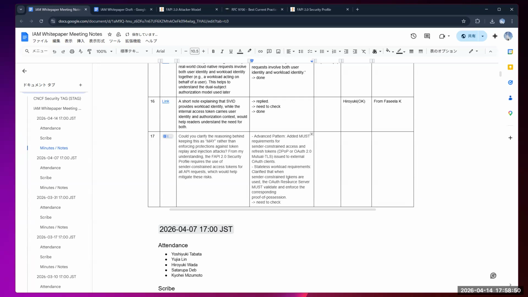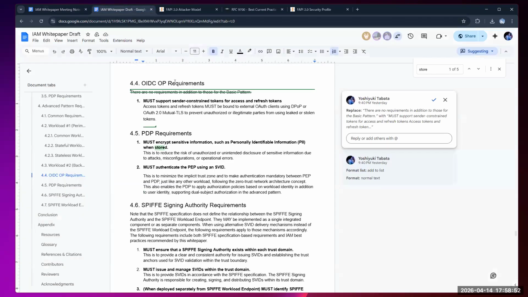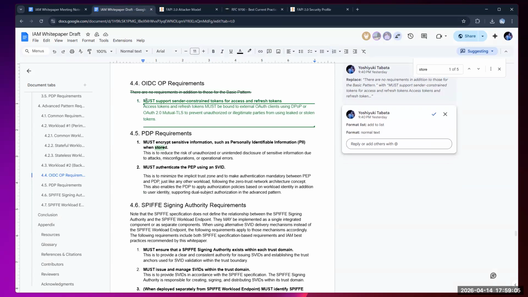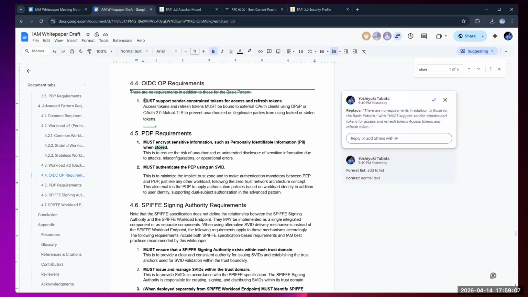Maybe the options are two. One is we write these requirements as a "must" requirement, and option two is we write this requirement as a "should" requirement. Is that right? Yeah.